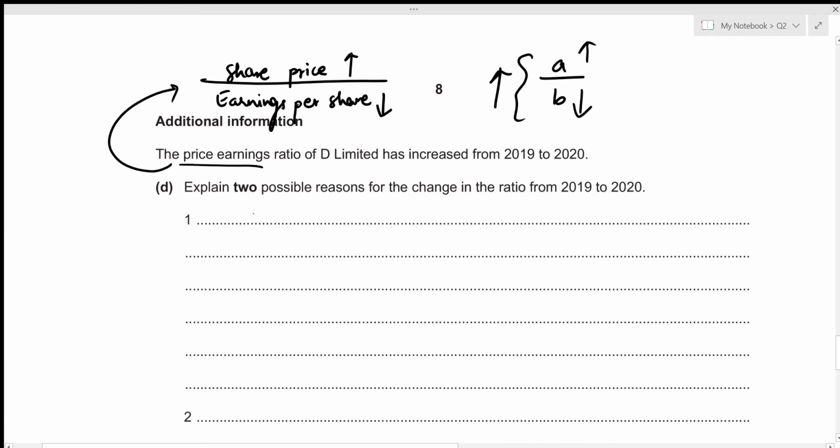Now we need to explain two possible reasons for the change in the ratio from 2019 to 2020. So like I said before, the first one could be that there is an increase in the current share price. Let's write it down. An increase in the current share price. And we also need to write down why this increase could have taken place.